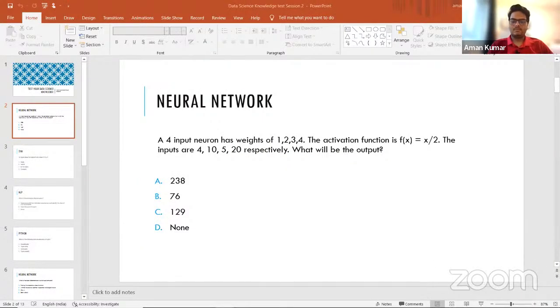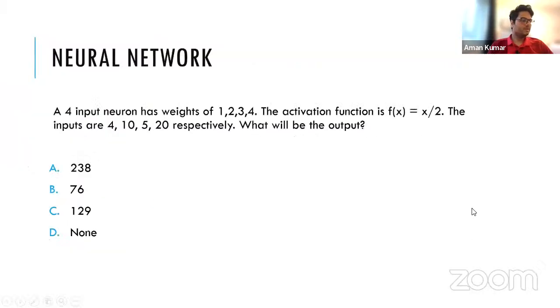Let others answer as well. 129 plus, means 129 by 2, somebody is saying. Why will the answer be 0? Somebody is saying 0. Why will it be 0? Abhishek Shaini, why is it 0?